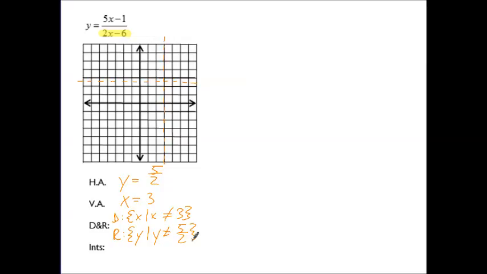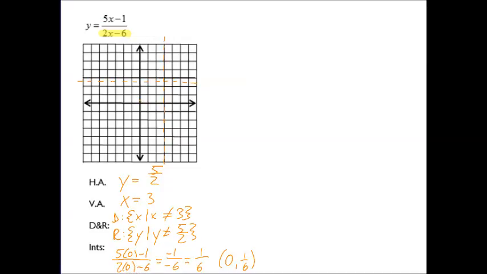The y-intercept is at 5 times 0 minus 1 over 2 times 0 minus 6, in other words, negative 1 over negative 6, or positive 1 over 6. So (0, 1/6) are the coordinates. 1/6 is just the tiniest little bit up on the y-axis somewhere here.